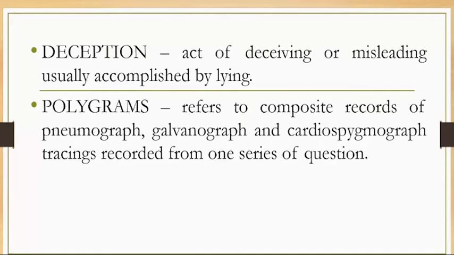The galvanograph measures the skin, and the cardiograph measures the heart or pulse rate. So the polygram is the record, the output recorded from the machine.